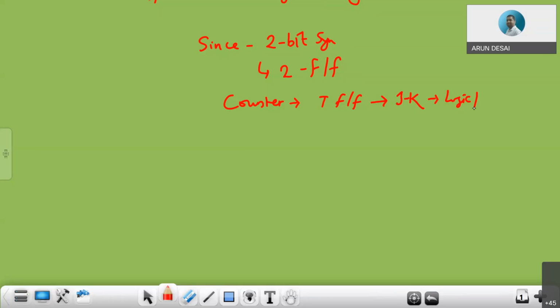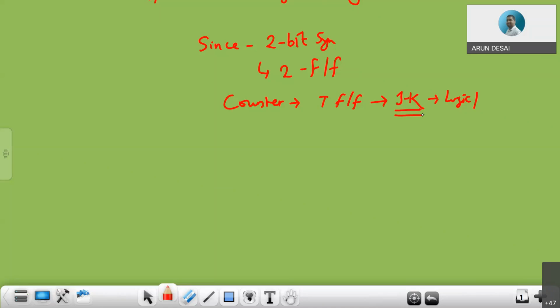It is a 2-bit synchronous counter, so 2 flip-flops are required. Since it is a counter, the T type of flip-flop we are going to use. Internally, this T flip-flop is a JK flip-flop connected to logic 1.